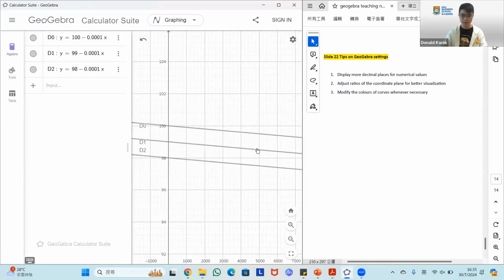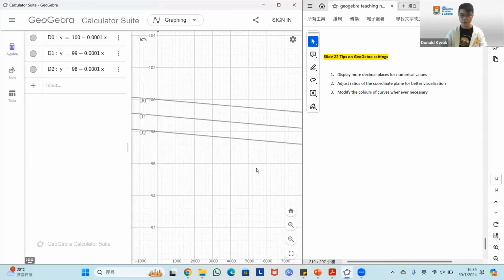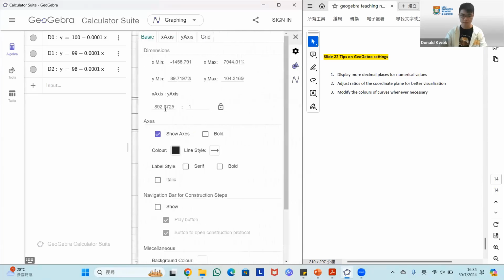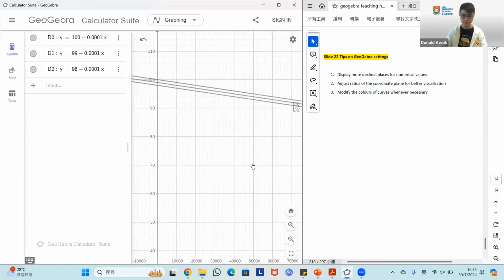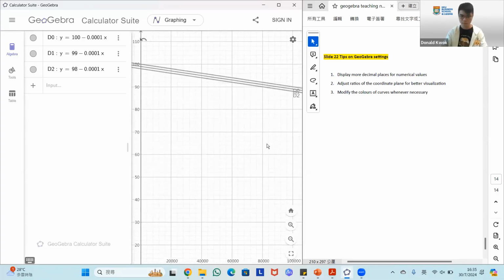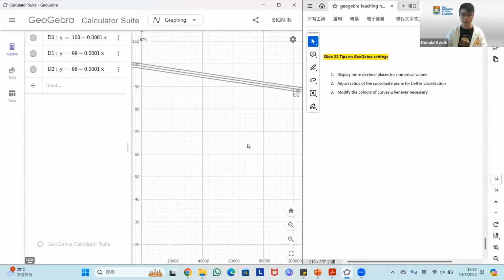As you can see, now at least you can observe the downward sloping behavior of the demand curves. In case this method does not work, you may instead change the ratio in the setting icons here. Either way will work, using Zoom to Fit, or changing the ratio on your own manually in the setting icon.